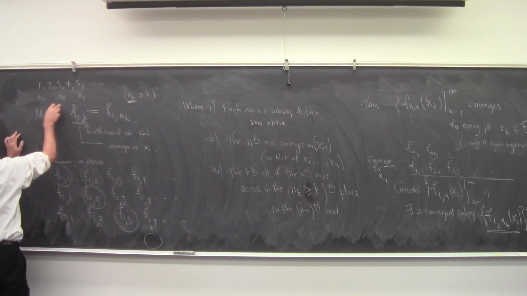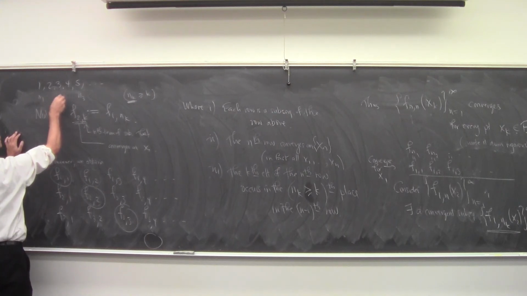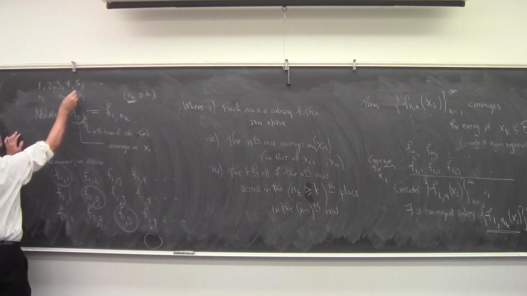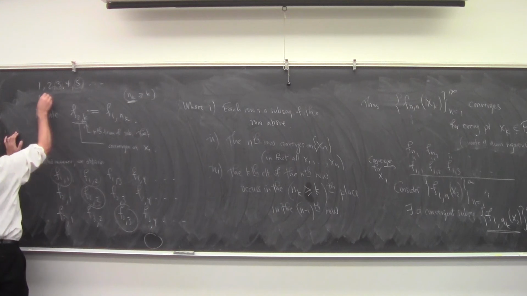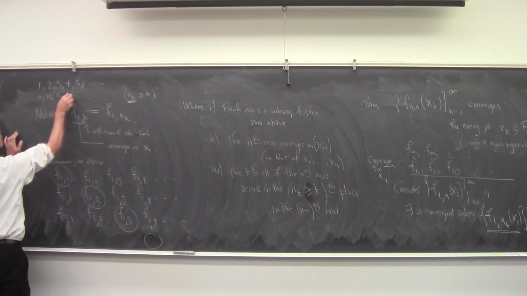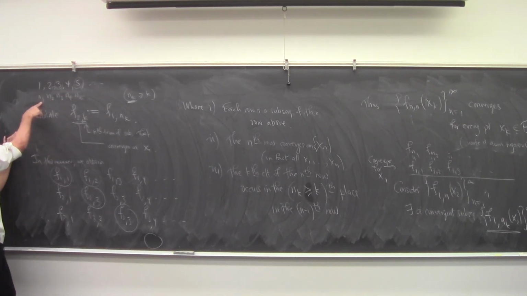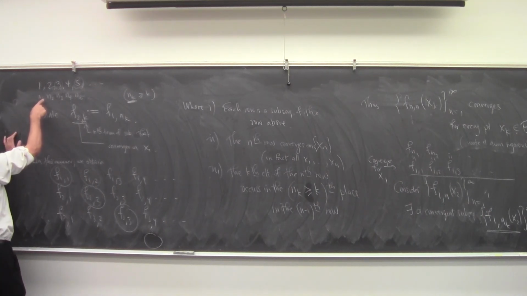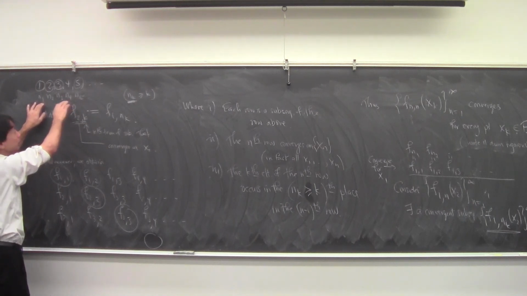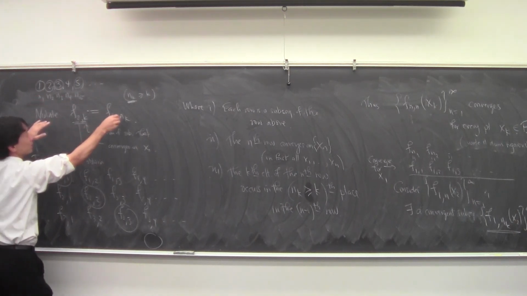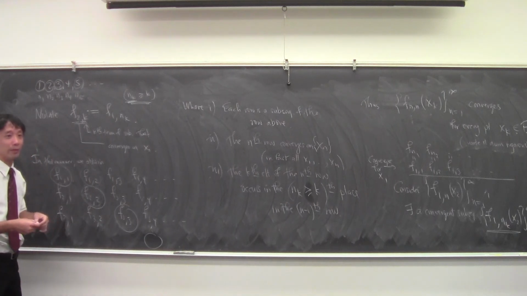All we're saying is that n2 is bigger than 2, n3 is bigger than 3, because at the very worst, if your subsequence was the whole original sequence, then you'd have n_k equals k. But if there's any skipping at all, if you don't choose the full sequence, then your sequence is going to be advancing faster.